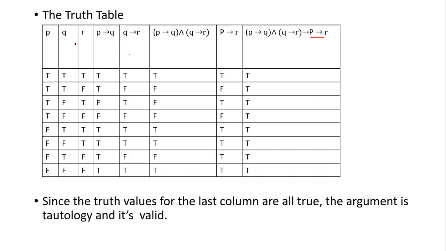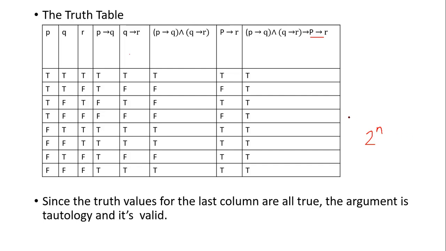So now, if you have three propositions P, Q, R, it means we are going to get 8 rows. So we have 1, 2, 3, 4, 5, 6, 7, 8. Now, how can I know this? The number of rows that you need is determined by 2 raised to the power n, where n is the number of statements that you have.